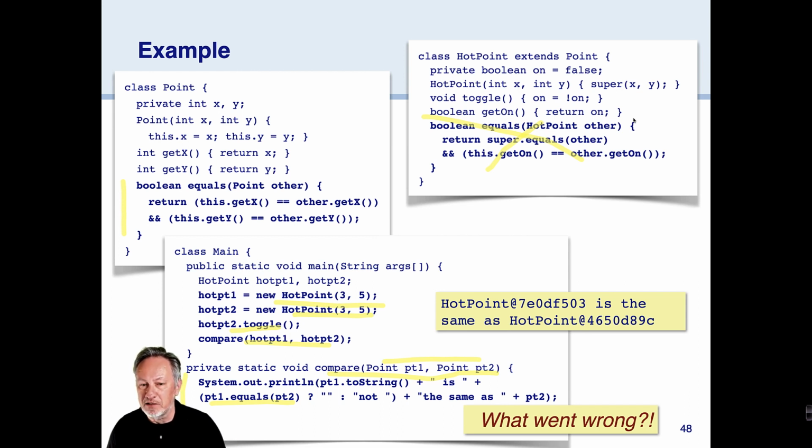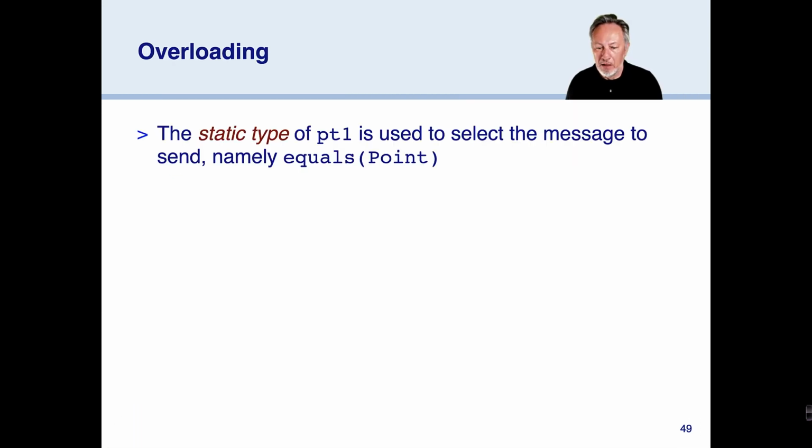The type system depends on the static, not the dynamic types. If the dynamic and static types are the same, everything is going okay, but if accidentally something passes into a scope where the dynamic type is lost, then you will not get the behavior that you expect. So the static type point is used to select the method, namely equals from the point class.